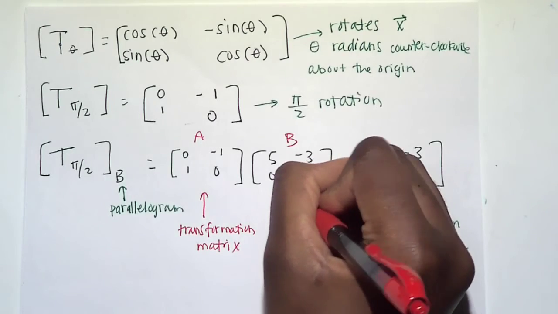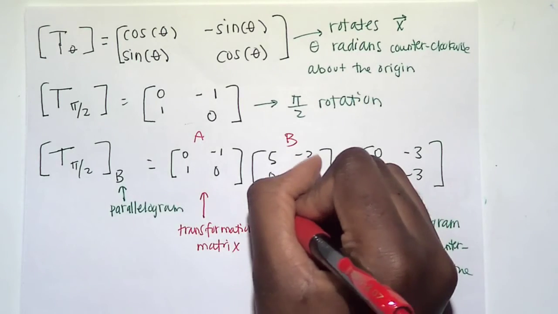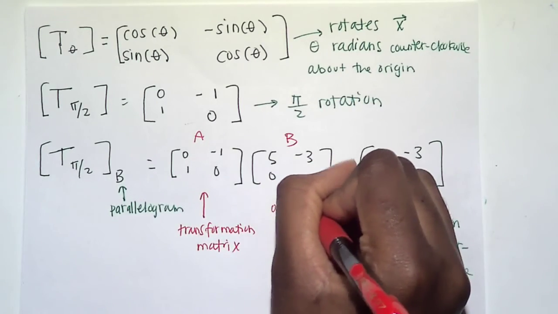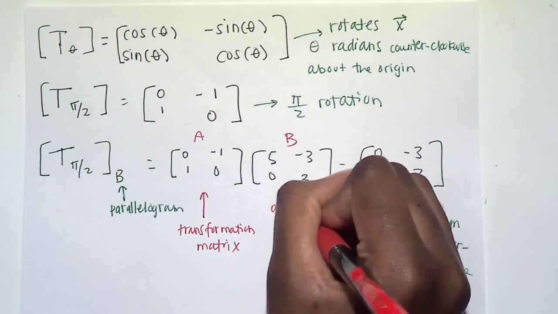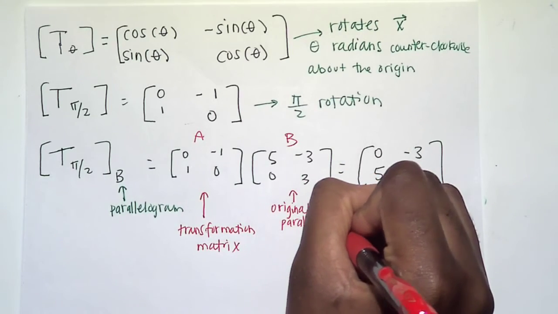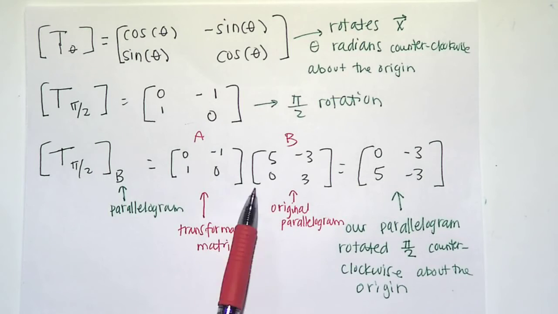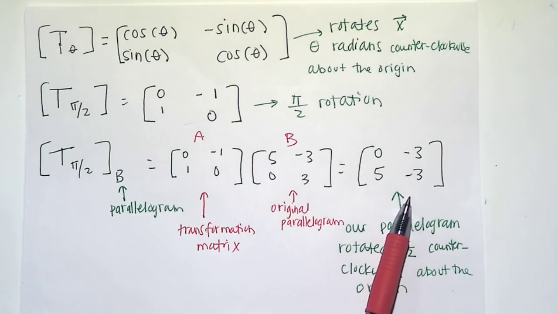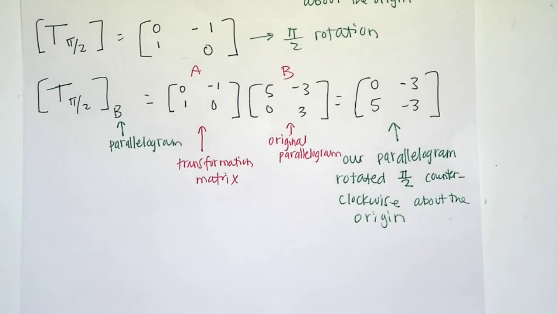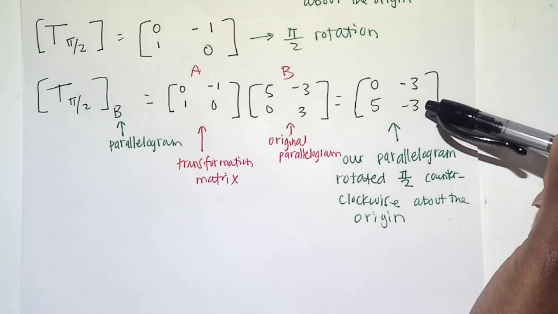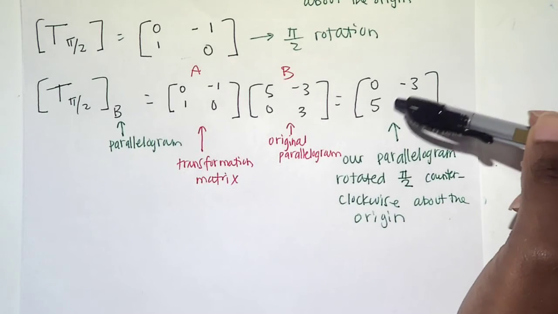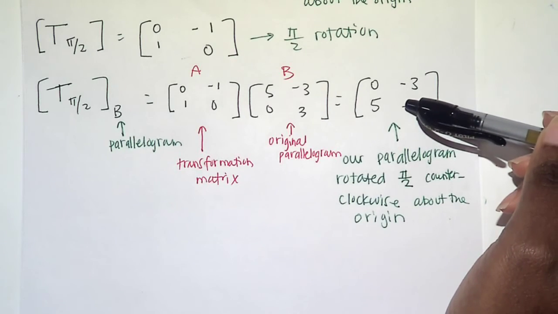This is our original parallelogram. So when we transform our parallelogram, it just gets rotated. So now let's bring it back to the theorem. What if I just wanted to figure out the area of this new parallelogram?